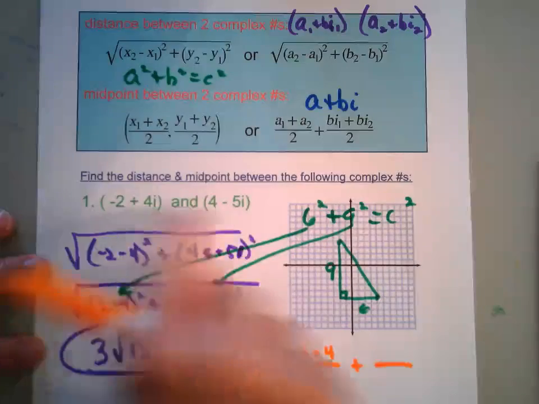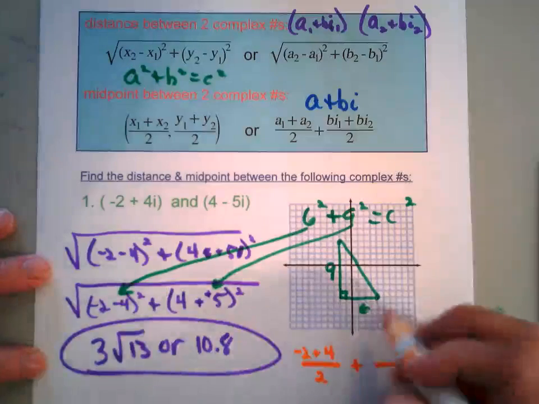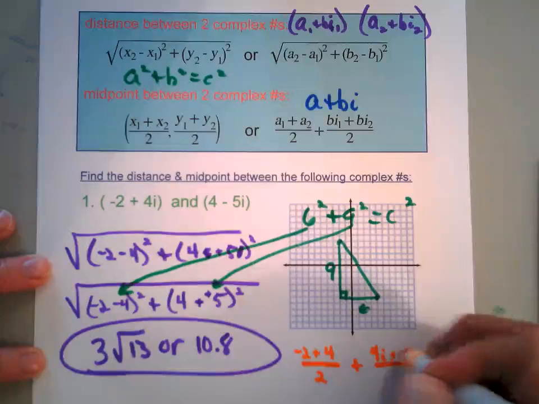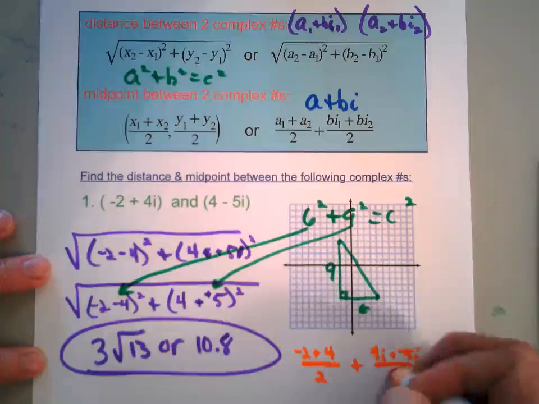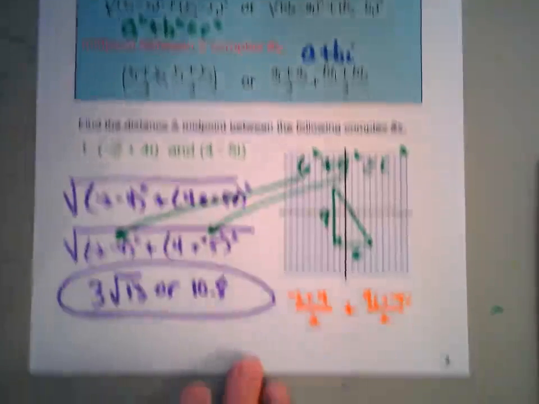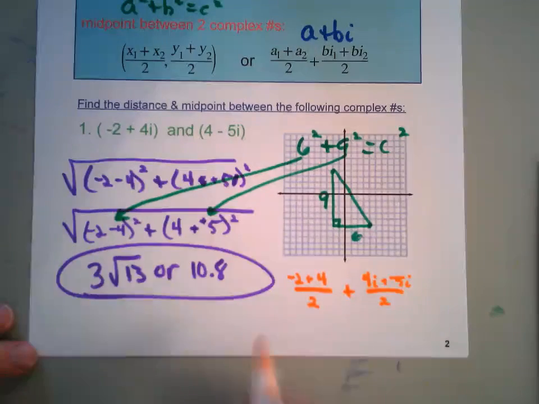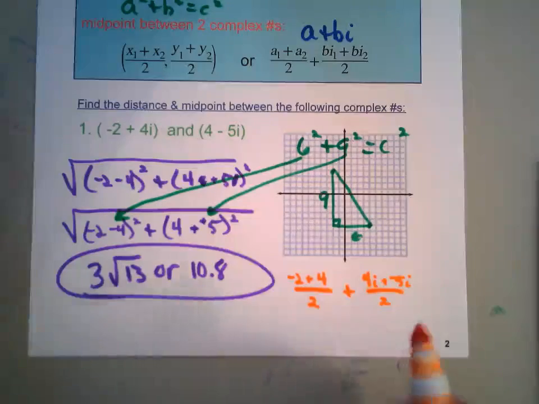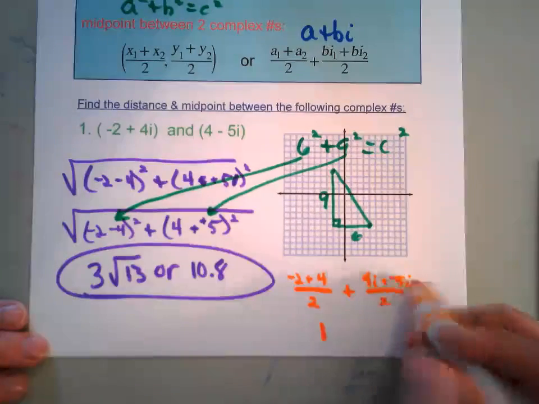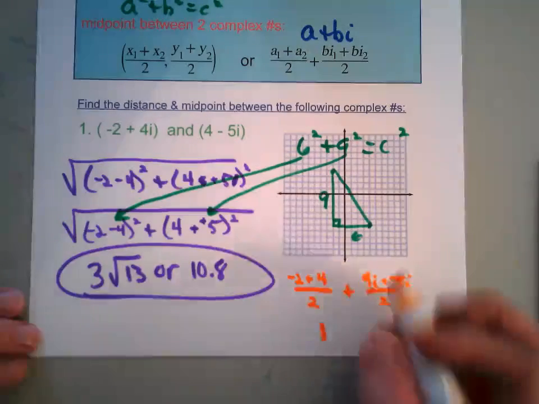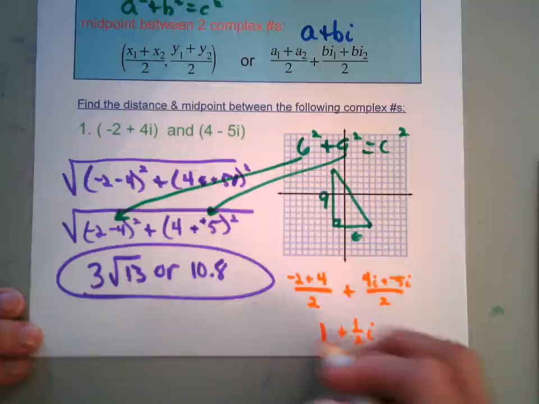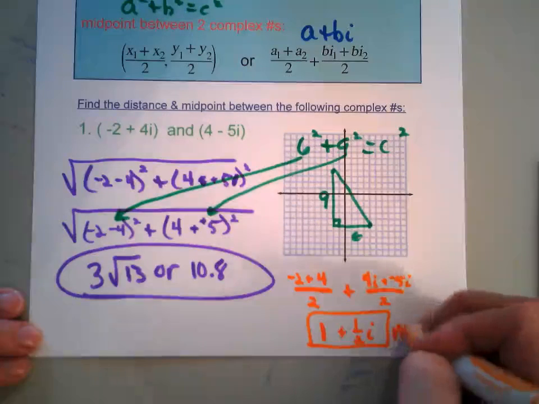Take the two bi's right here, add them together. 4i plus negative 5i. Divide that by 2. Negative 2 plus 4 is 2, divided by 2 is 1. 4 minus 5, that's negative 1. So plus negative 1 half i. So that's your midpoint.